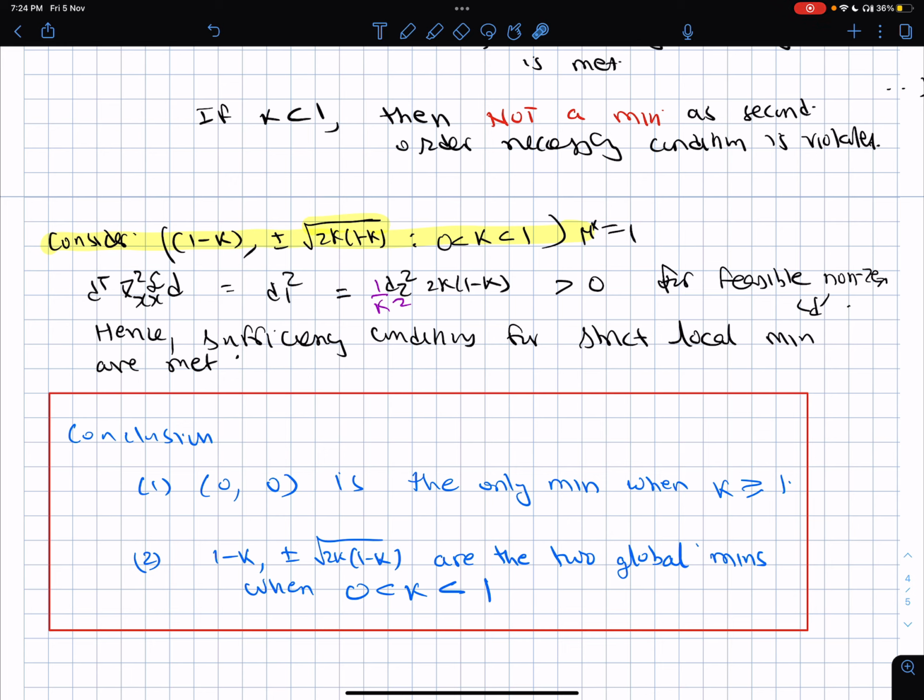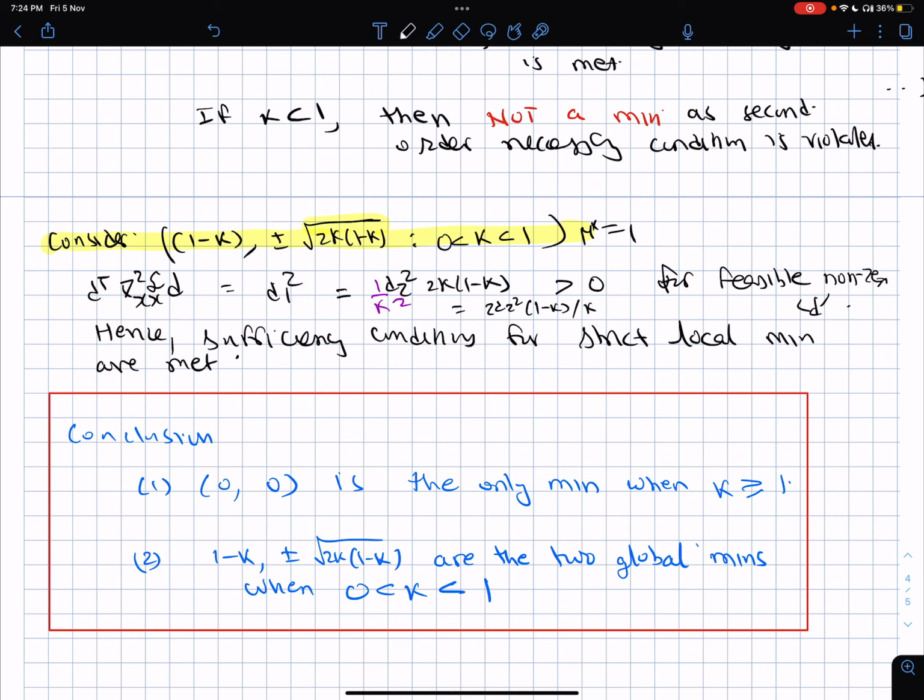So when you square it, you get d2 square by k square into x2 star square, which is 2k into 1 minus k, which can again be written as 2 d2 square into 1 minus k by k.